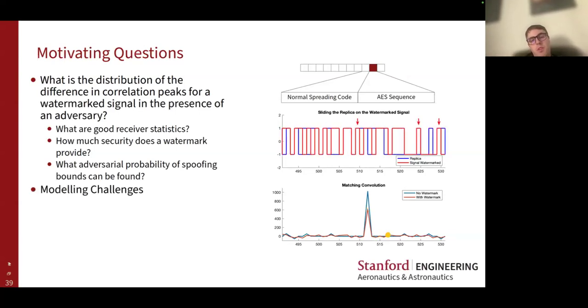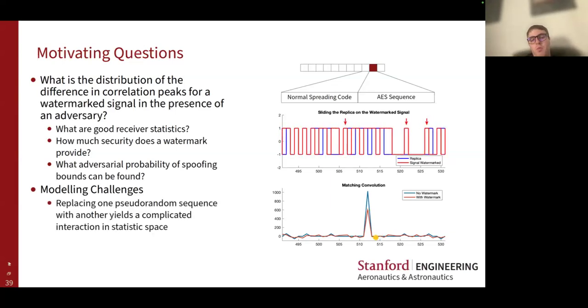And then with the Chimera watermark specifically, there are additional modeling challenges. Replacing one sequence with another pseudorandom sequence yields a complicated interaction in the statistic space. We're selecting a random section, and then replacing it with another random section.